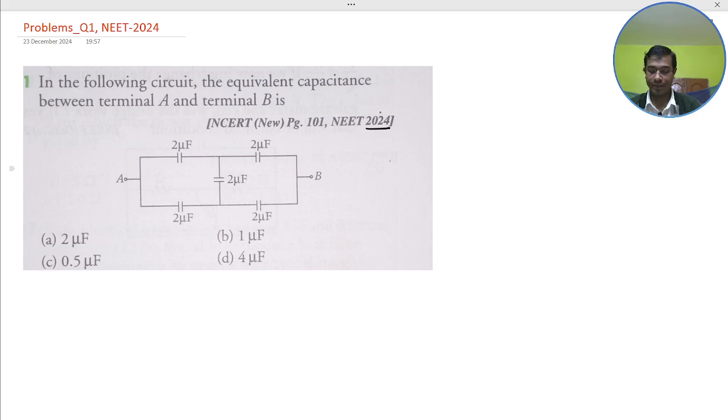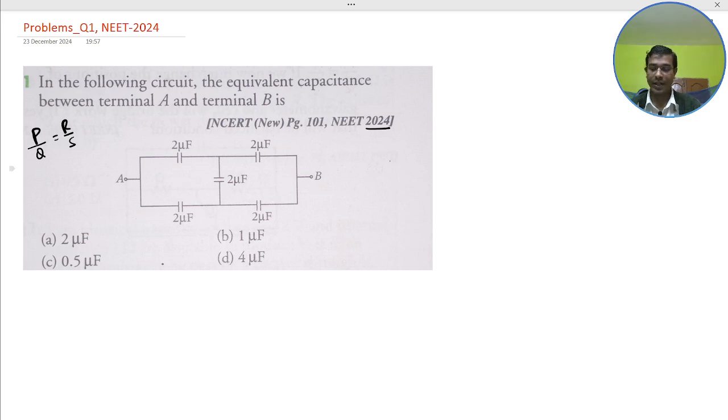NEET 2024. You just see here the circuit, assuming P by Q is equal to R by S. The given combination of circuit represents the Wheatstone bridge, thus this capacitor can be removed, since it is in the equilibrium condition.